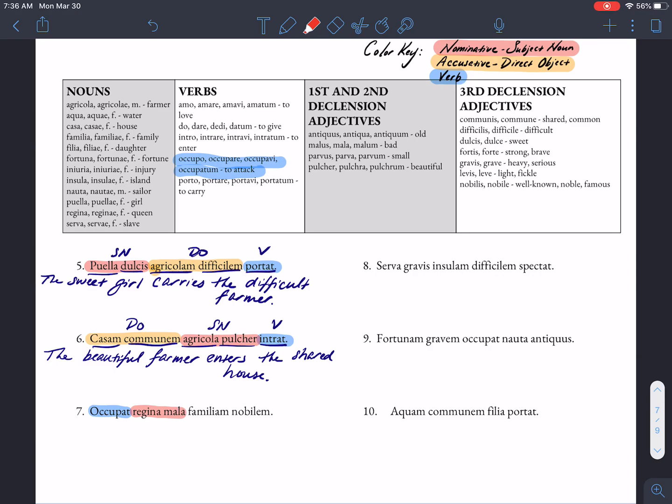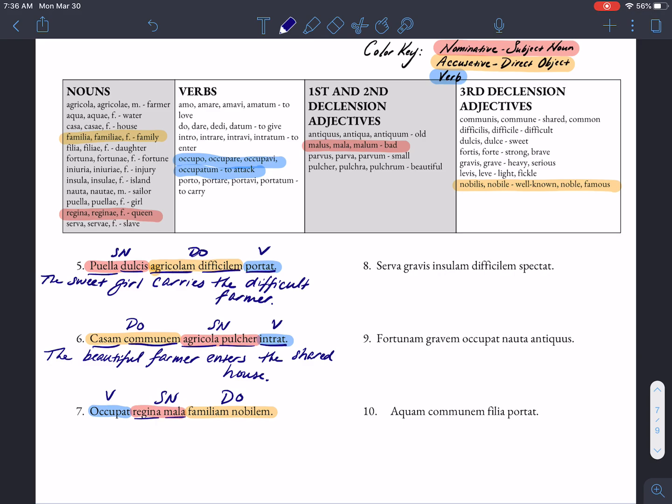We've got our noun, regina, reginae, and our adjective, malus, mala, malum, bad. And for our direct objects, we've got familiam and nobilem, coming from the noun familia, familiae, and the adjective nobilis, nobile.